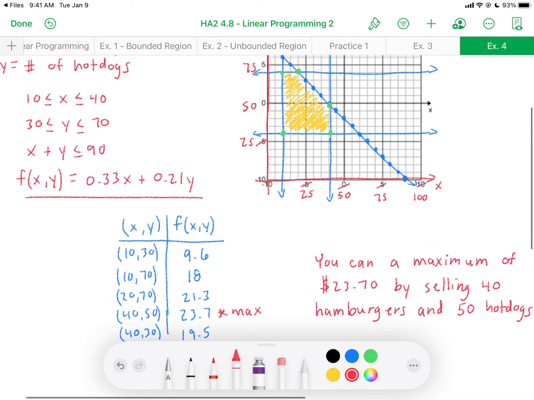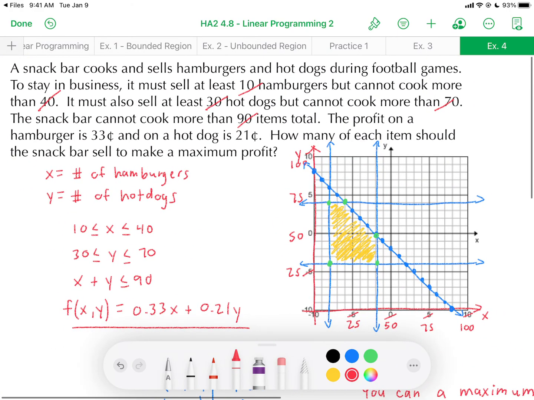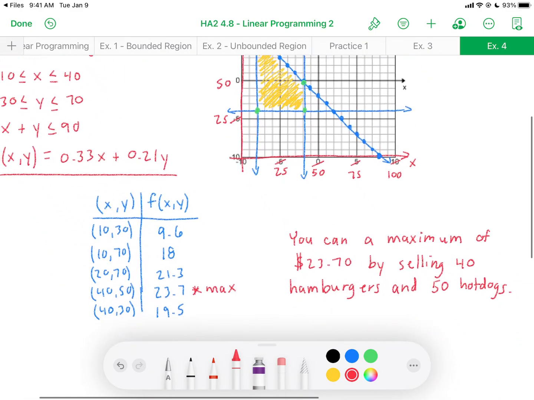So I came up with that based on, it says the profit on a hamburger is 33 cents and on a hot dog's 21 cents. So the objective function is what you're always trying to maximize or minimize, okay? So if we're saying we want to maximize profit, that tells me I should use the money values to make that objective function. Okay? Any other questions?